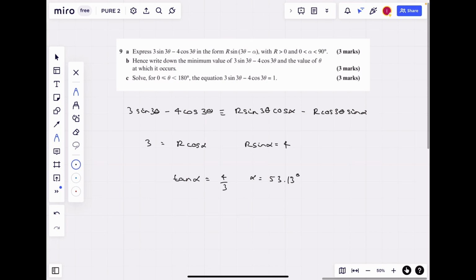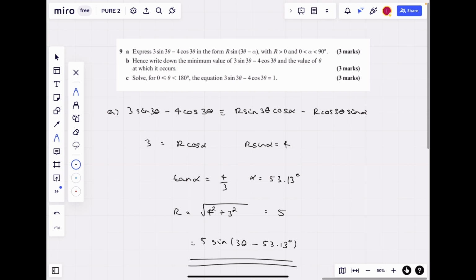Typically, in this scenario, alpha tends to be 2 decimal places. To work out r, we're going to do the square root of 4 squared plus 3 squared, which gives us 5. So the format is 5 sine(3 theta minus 53.13 degrees). Final answer. That's part A done.